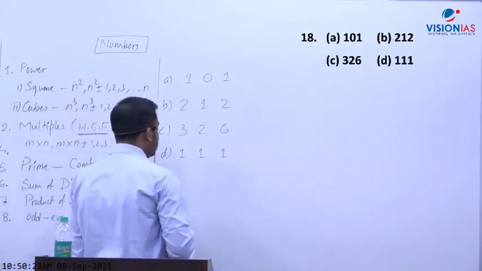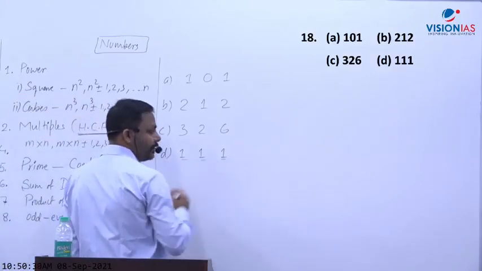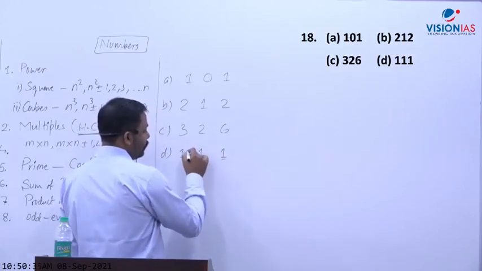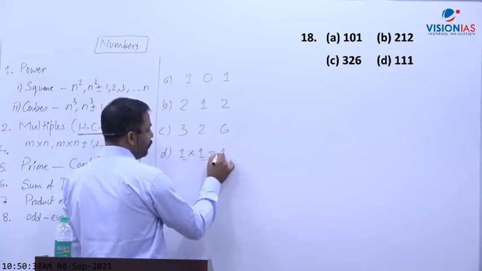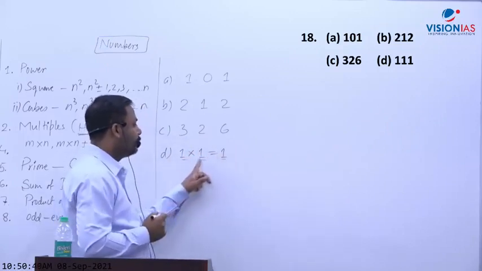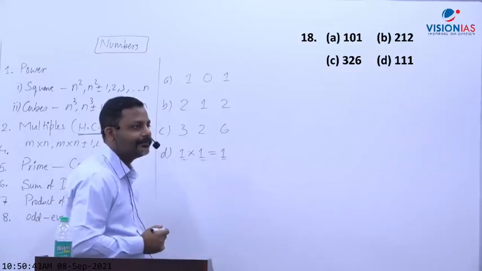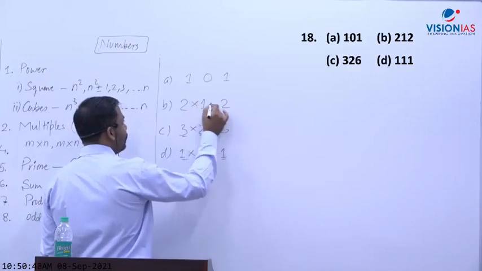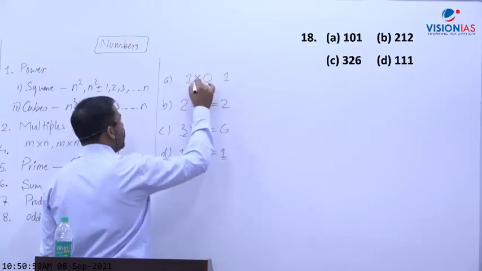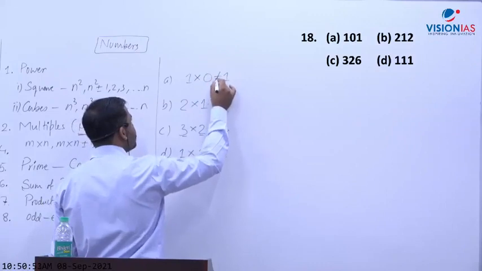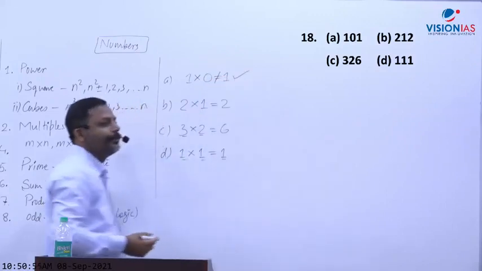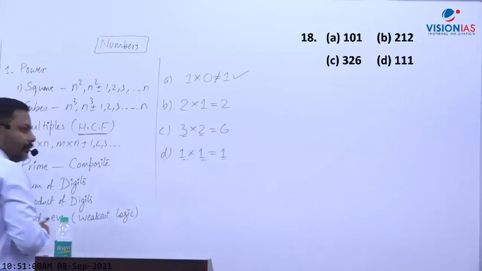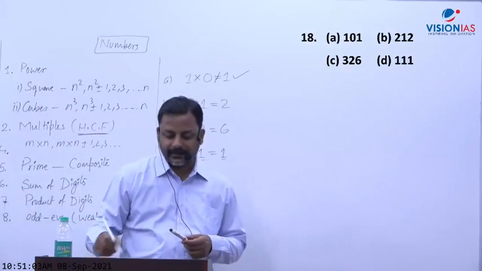See, if we consider these three digits, means these three different digits, 1 multiplied by 1 is equal to 1. Means by multiplying the first two digits, we are getting the third digit. Yes, like 3 multiplied by 2 is 6. 2 multiplied by 1 is 2. But 1 multiplied by 0 should be 0, means it is not equal to 1. So the answer should be 101. Okay? So here the answer is 101.